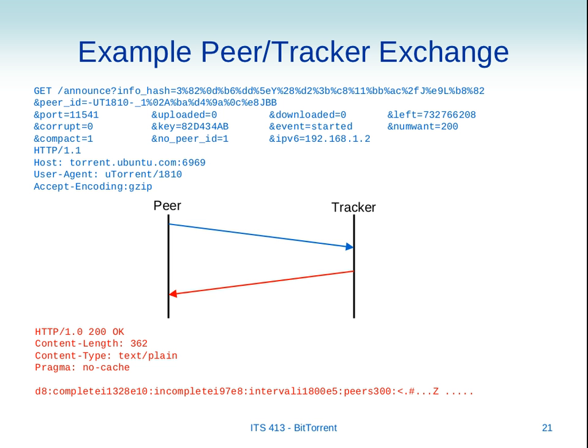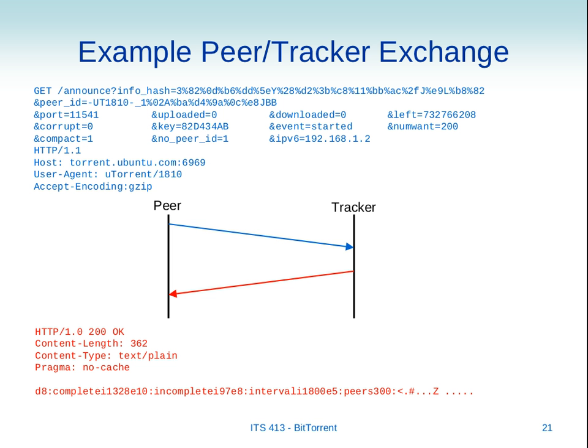If there are any corrupted pieces that it's received, what status, whether it's started, stopped or completed. The IP address. Then the last three lines are just normal HTTP options. So the information sent to the tracker is encoded in the URL.